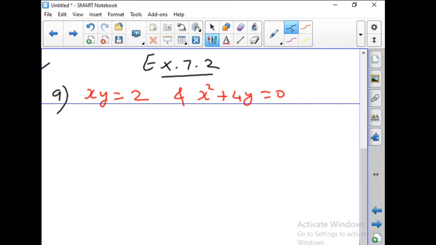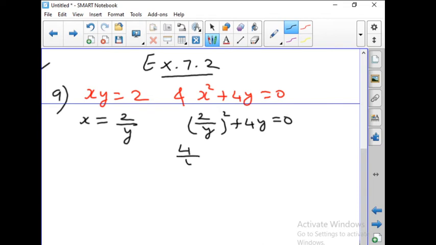From this we can write x is equal to 2 by y. Now substitute this here. So what you get? 2 by y the whole square plus 4y is equal to 0. So we get 4 by y square plus 4y is equal to 0.